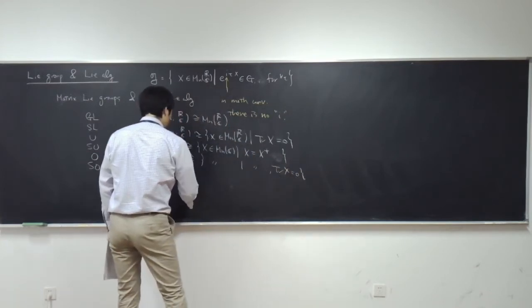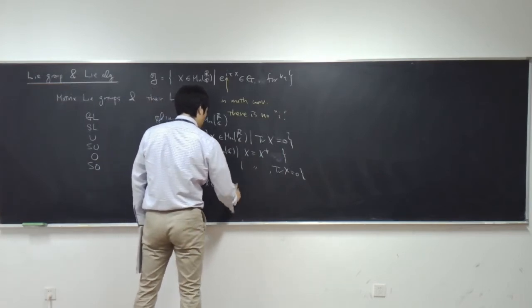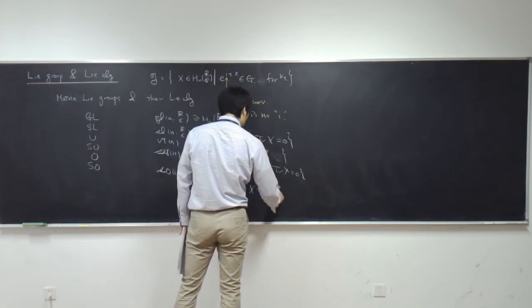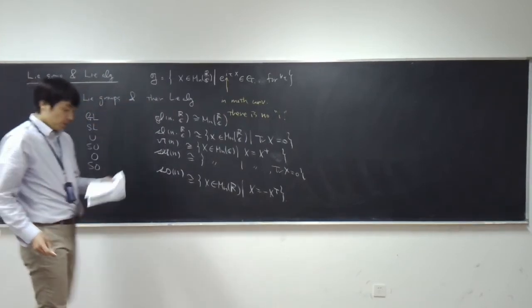And for SO(n), we have M_n of R such that X is equal to minus X transpose.